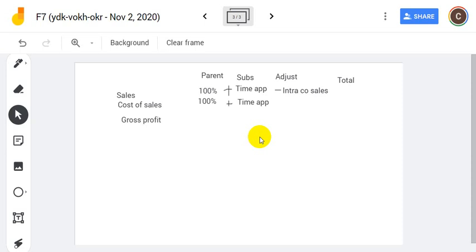So that when you go to P2 you will be consolidating 2 subsidiaries. One subsidiary will be 100%, the other one will be time apportioning. So that's the way the examiner tends to test these 3 papers in terms of consolidation.